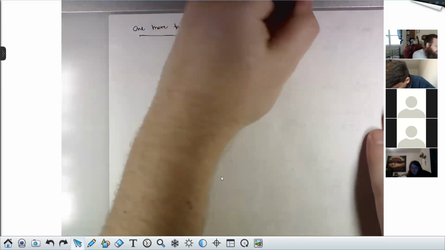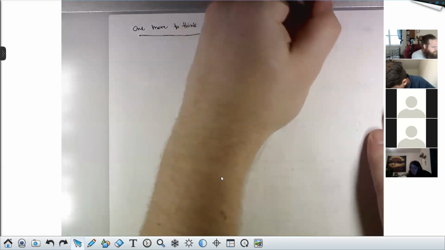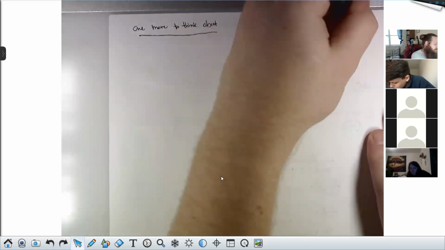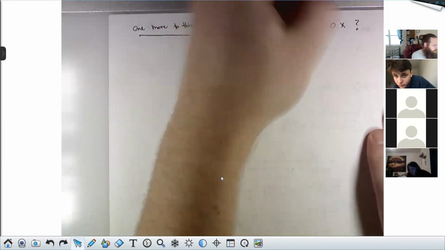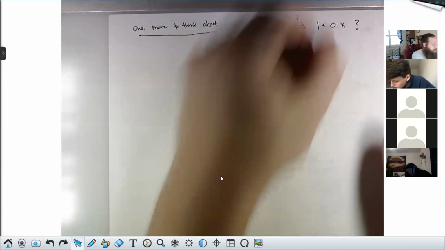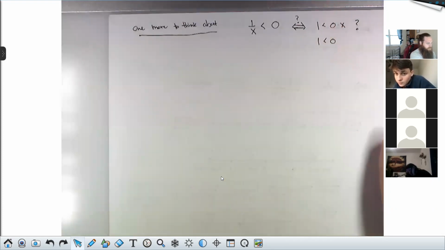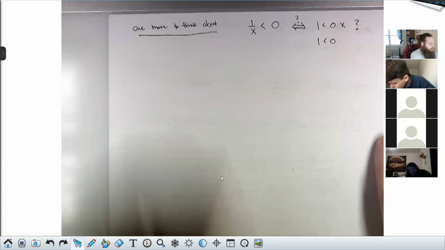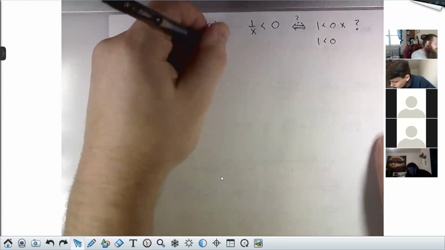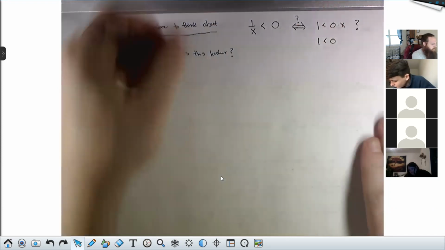I would like to know, is this equivalent to what you get when you multiply both sides by x? Which would be just 1 is less than 0, which is not a true statement. Is this kosher? And can we take anything away from this?